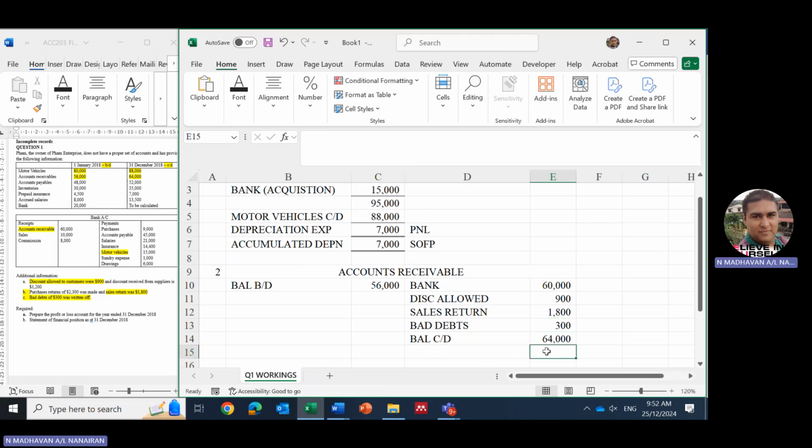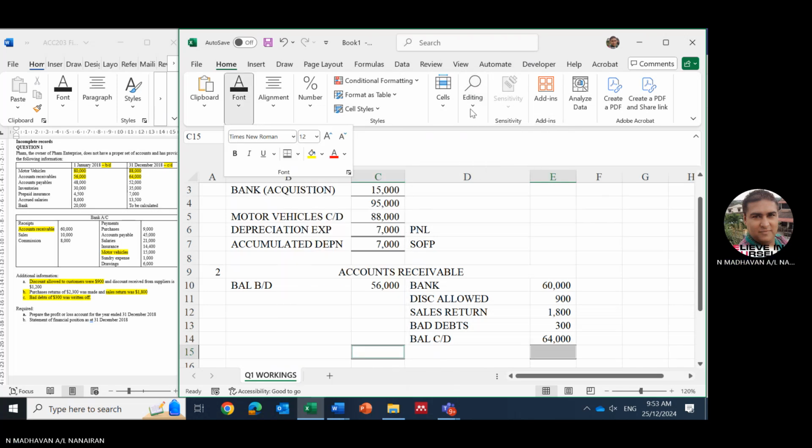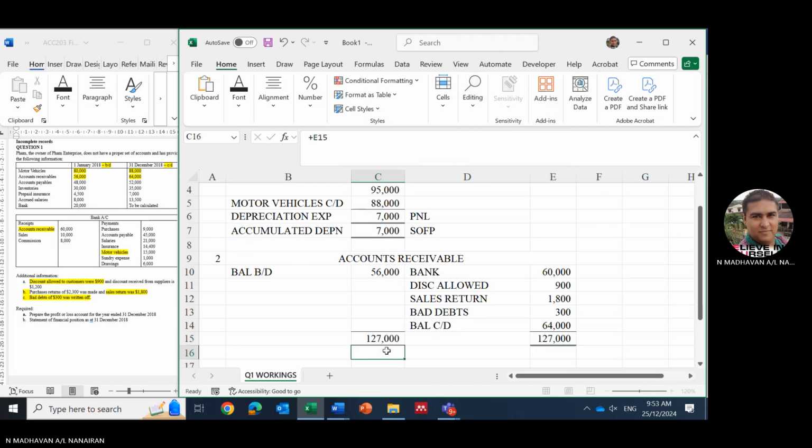So from here, we can calculate our credit sales. So sales, which is on credit, will be. Are you with me? But is this the total sales?